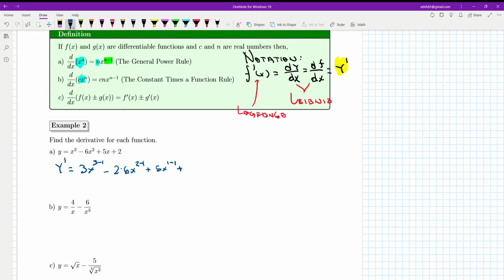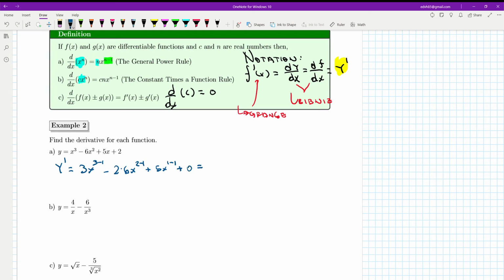By the way, the derivative of a number is 0. I didn't write that rule. Let me write it down here. The derivative with respect to x of a constant c equals 0. In this case, there's no need to write down the 0, but I'm going to write it down just because.